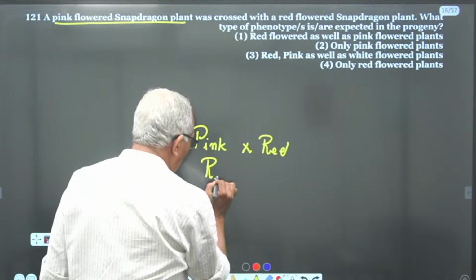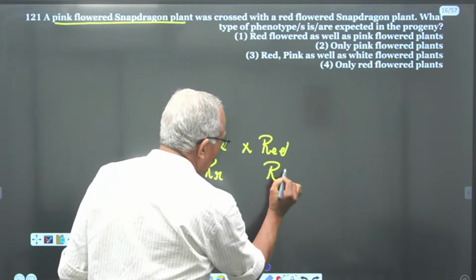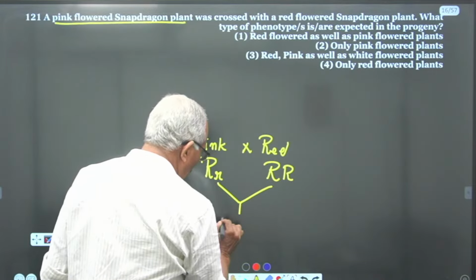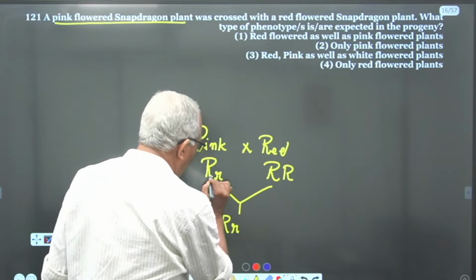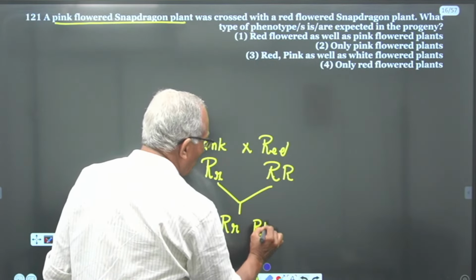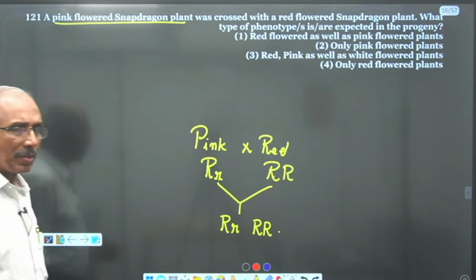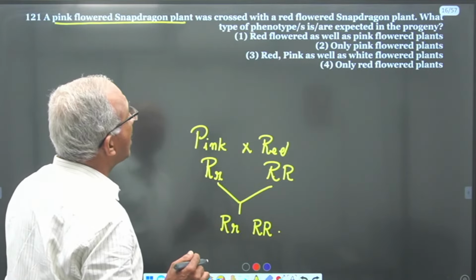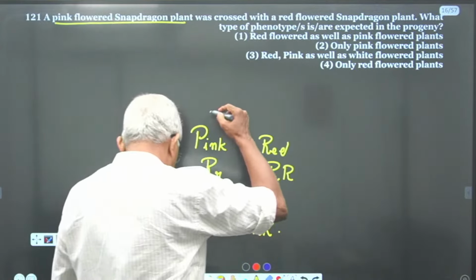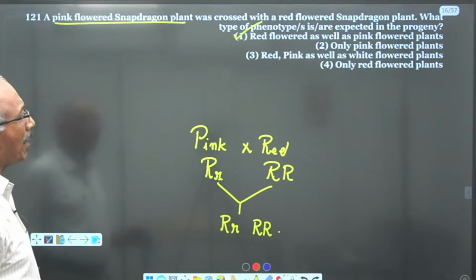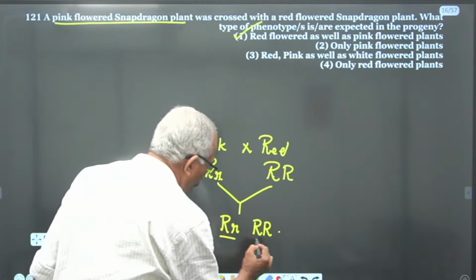Pink is capital R small r, red is capital R capital R. The progeny from this cross will be either capital R small r or capital R capital R. The progeny will be pink as well as red flowered plants. Option 1. The progeny may be red or pink.